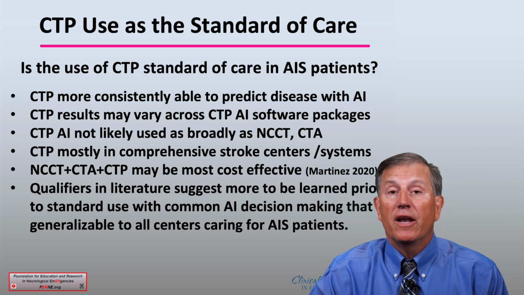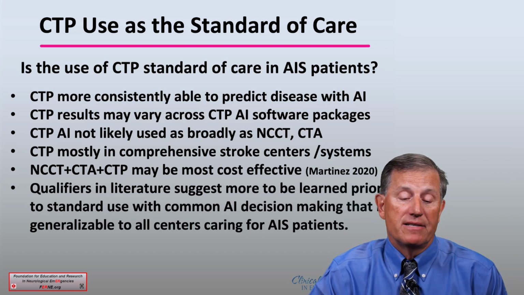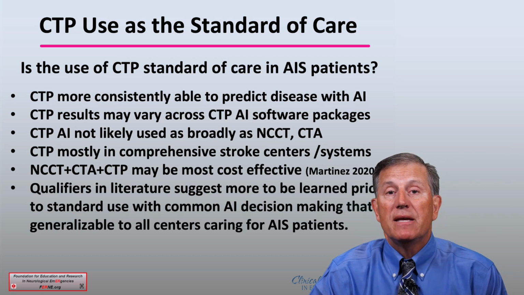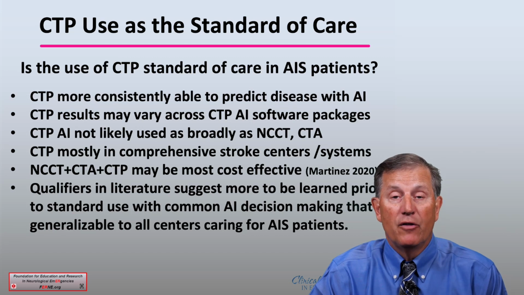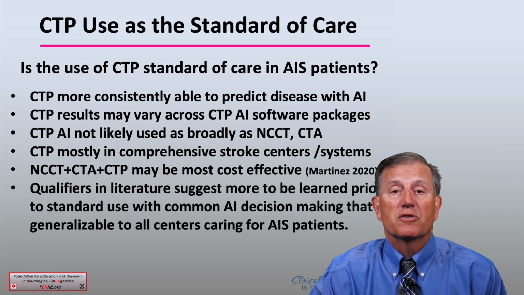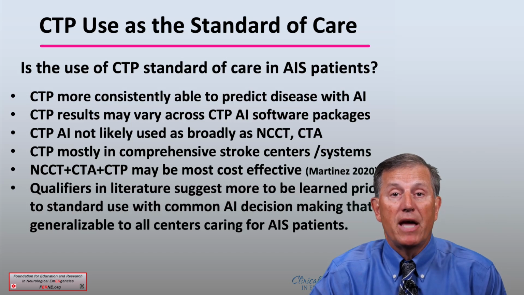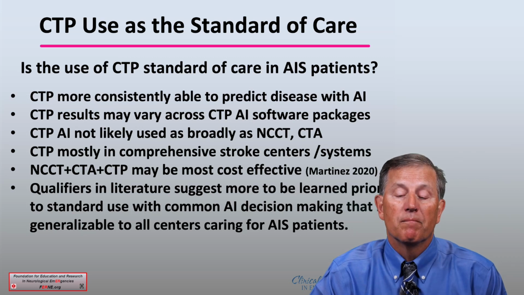And we do know that if you can utilize a non-contrast CT, CTA, and CT perfusion, this in fact may be the most cost-effective way, even though these tests have a cost themselves. It still might be the most cost-effective approach to managing patients with suspected or confirmed acute ischemic stroke.